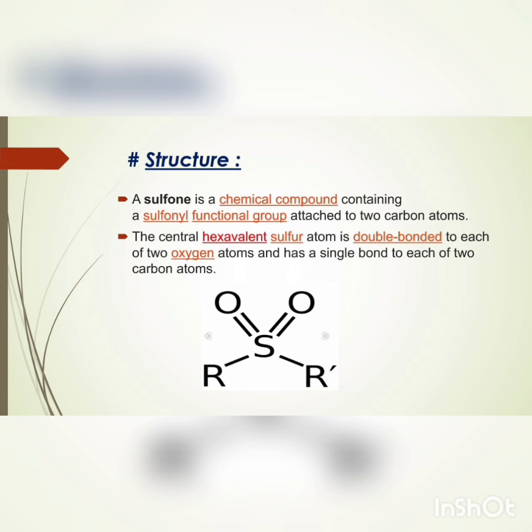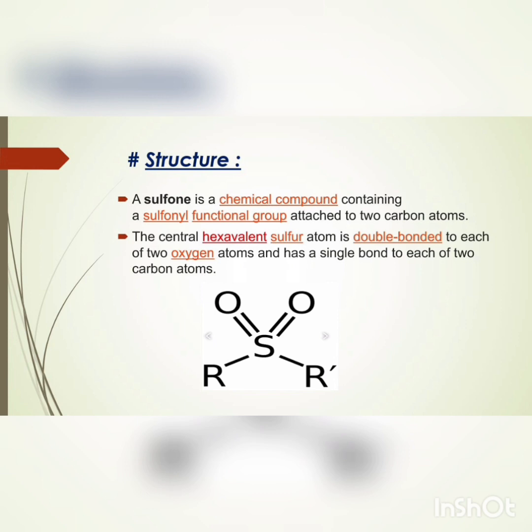The central hexavalent sulfur atom is double bonded to each of two oxygen atoms and has a single bond to each of two carbon atoms. म्हणजे दोन ऑक्सिजन ॲटम अटॅच आहेत तर दोन कार्बन ॲटम्स अटॅच आहेत. This is the sulfone structure.